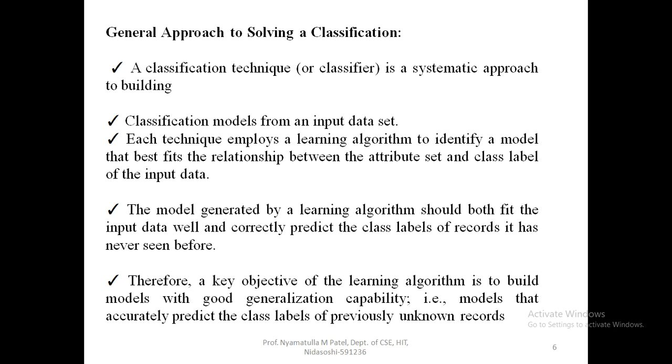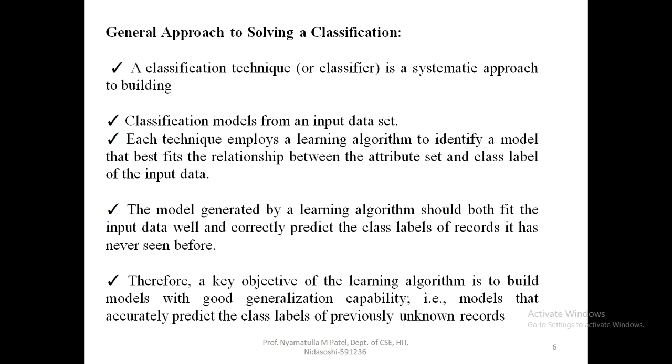Okay, so a key objective of a learning algorithm. In any classification model, the key part of the model is the learning algorithm. So the key objective of a learning algorithm is to build a model with a good generalization capability. What does it mean, a good generalization capability? That is, models that accurately predict the class label of previously unknown records.